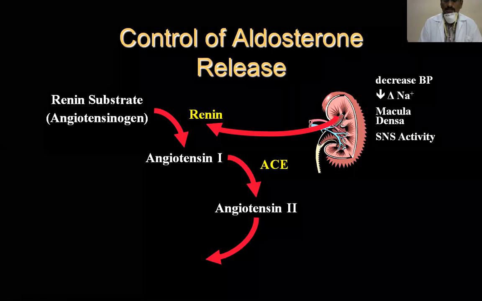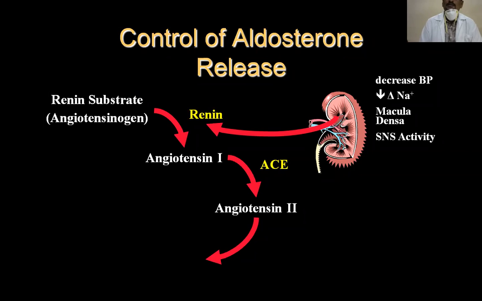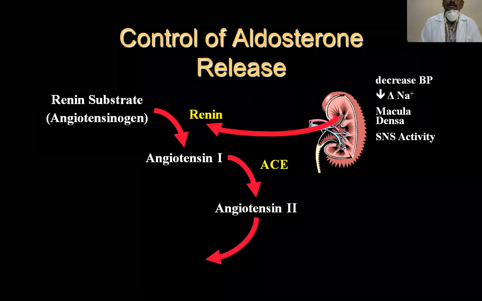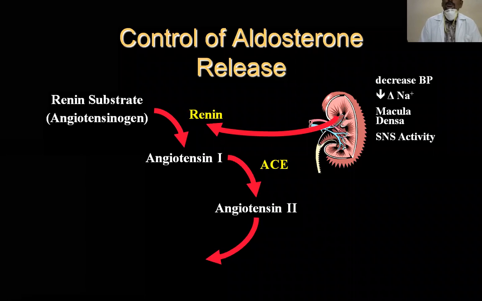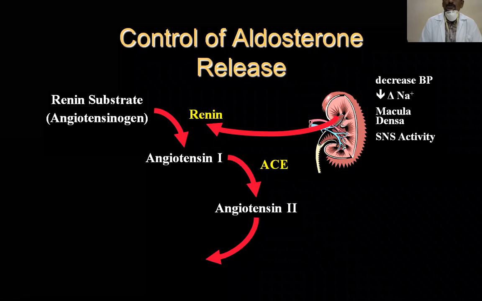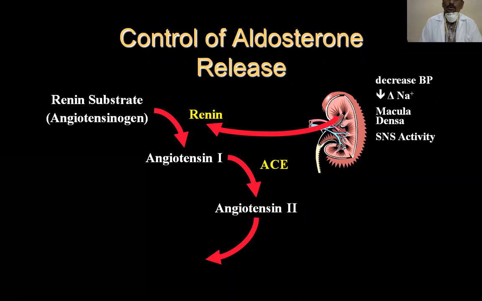The amount of filtrate will be less, so the flow rate within the nephron will be slow, and most of the available sodium will be effectively reabsorbed. So by the time the filtrate reaches the macula densa, the sodium chloride content will be low.